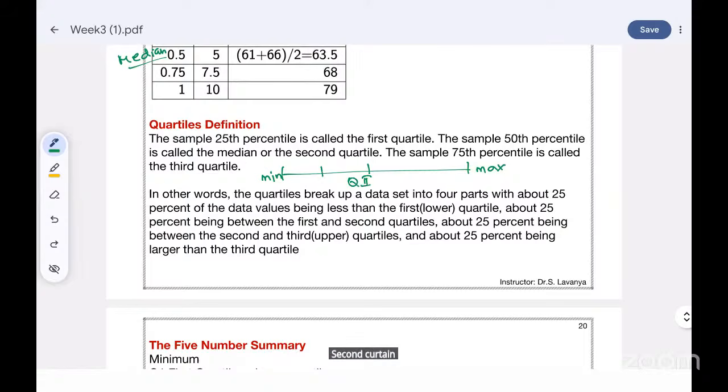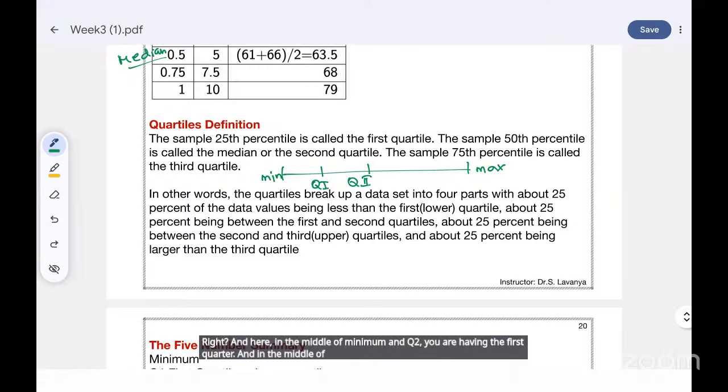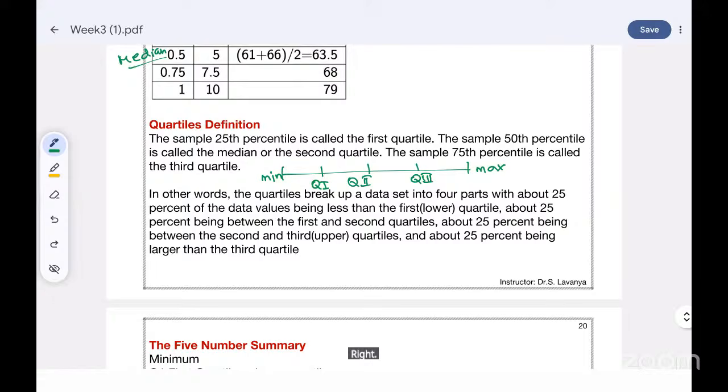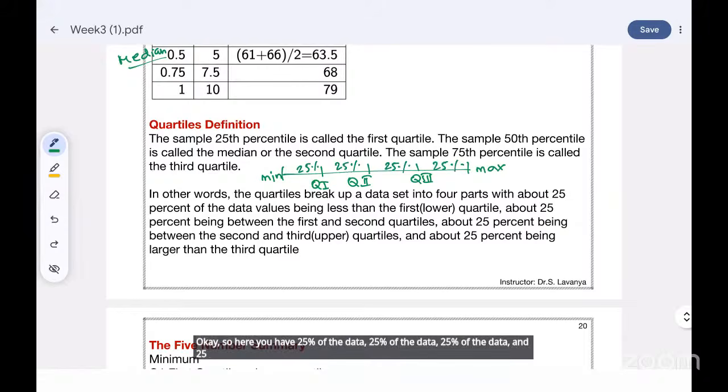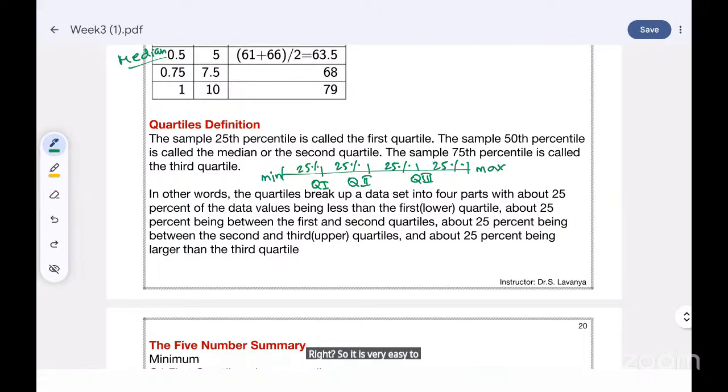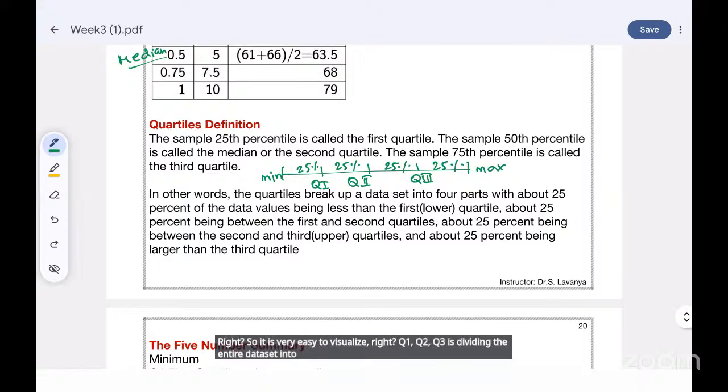In the middle of the minimum and Q2 you have the first quartile. And in the middle of the median and maximum is your third quartile, Q1, Q2, Q3. So here you have 25% of the data, 25%, 25%, and 25% of the data, right? It is very easy to visualize. Q1, Q2, Q3 divide the entire data set into equal parts.